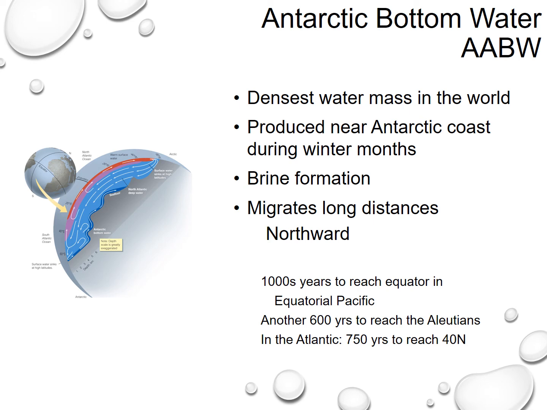In the Atlantic Ocean, it takes about 750 years to reach 40 north. That's how far north the Antarctic bottom water reaches in the Atlantic, as you can see in the diagram to the left. And remember, the Antarctic bottom water is the dark blue.